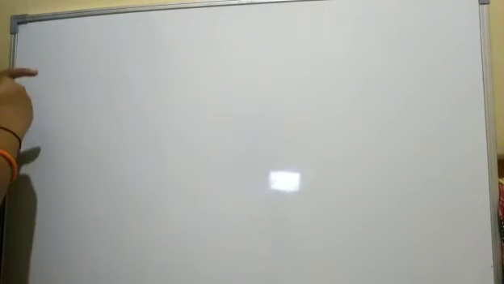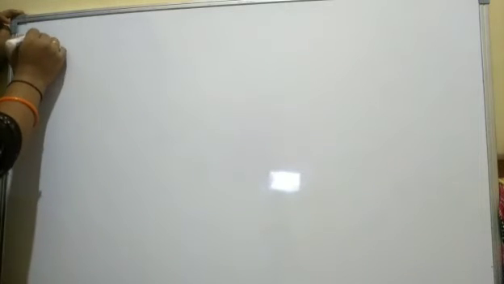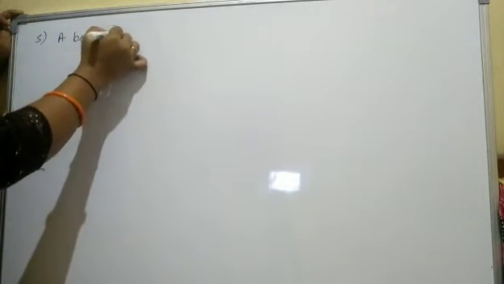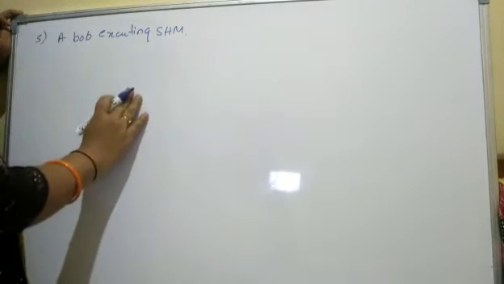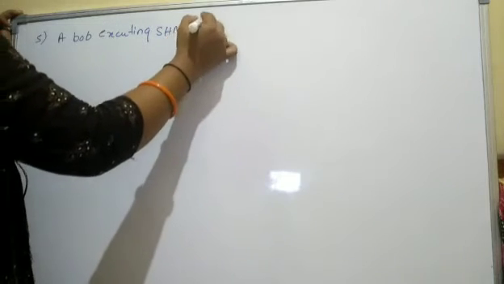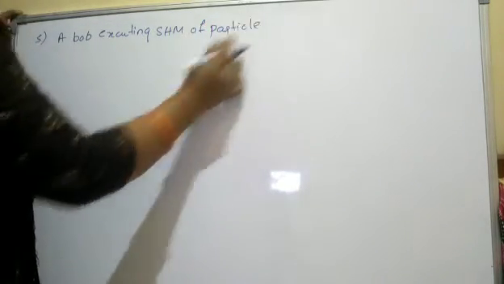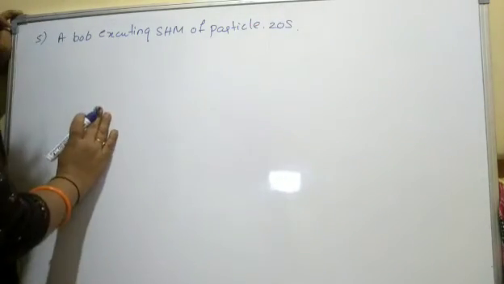So we'll go ahead with one more problem, that of a bob executing simple harmonic motion. A particle executing simple harmonic motion has a time period of 20 seconds.